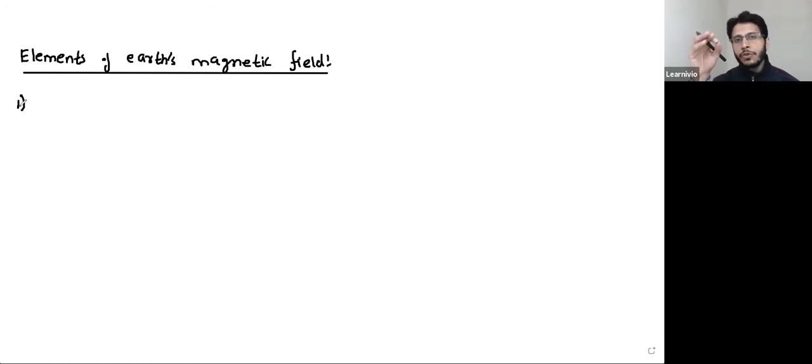In the same way, if you want to know the magnetic field of Earth at any point on the surface of Earth, that is, the magnitude and the direction of the magnetic field at that point, then you will require three terms, and those three terms are known as elements of Earth's magnetic field.